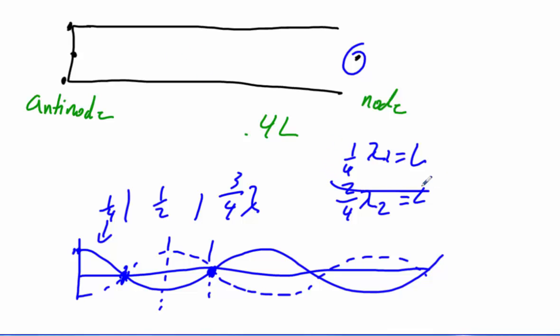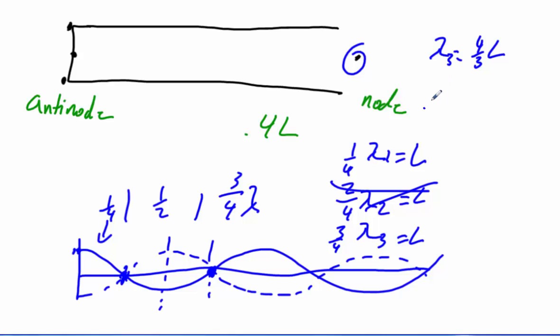So this one's gone, and we go to the next one, which we call lambda 3, or 3/4 of the length of the tube, or if you'd like, lambda 3 is equal to 4/3 the length of the tube. So with the closed tube, we only get odd harmonics.